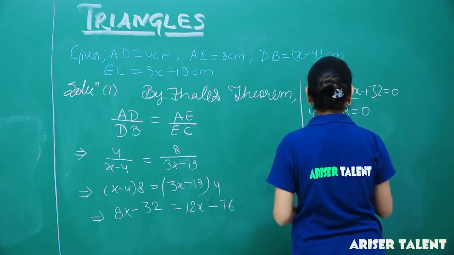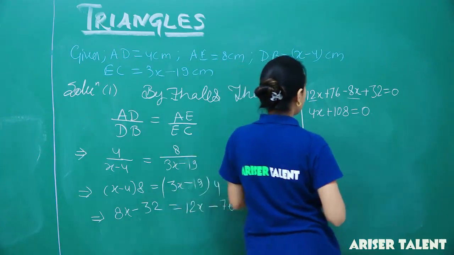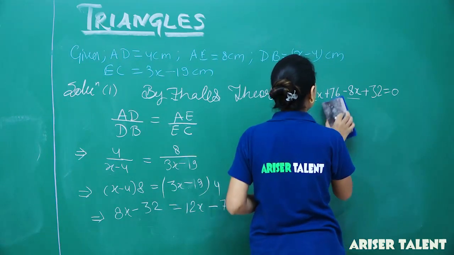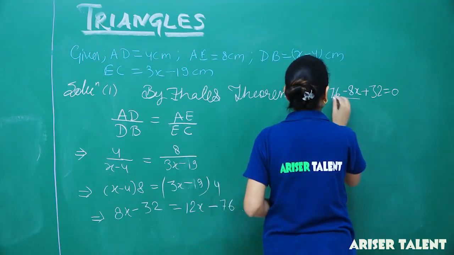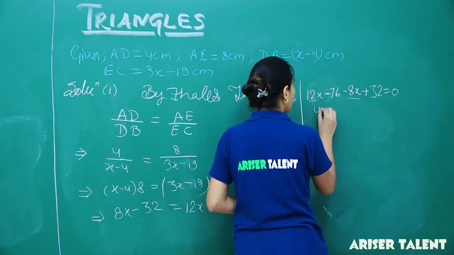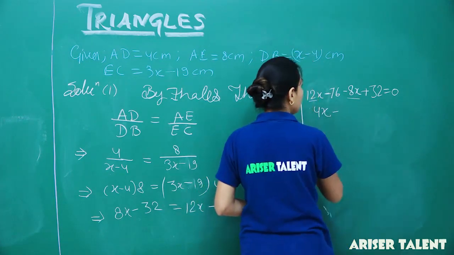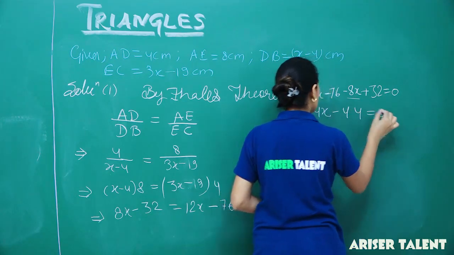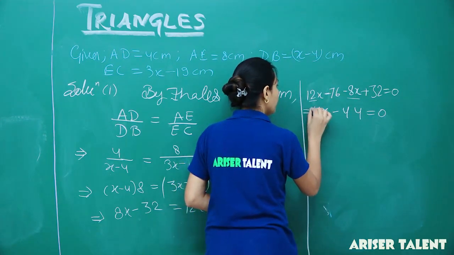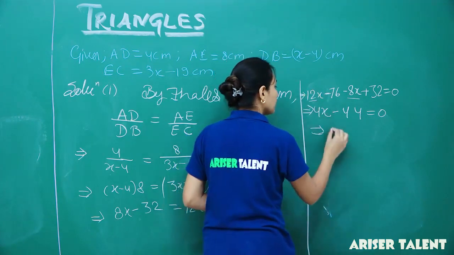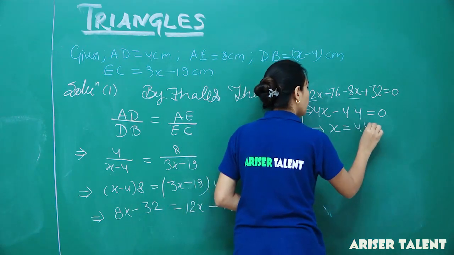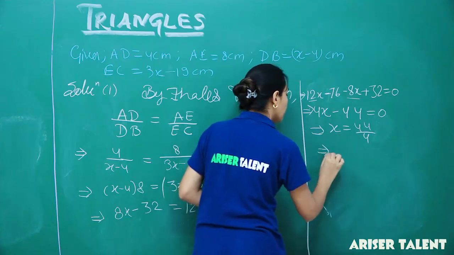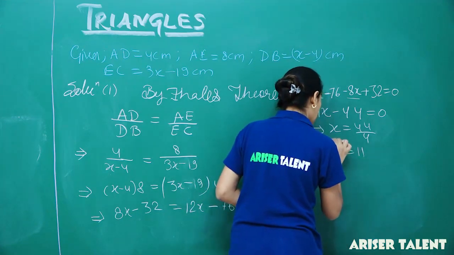So ultimately it will be having minus sign here. So same, 4x minus of 4 and 4 equals to 0. Now it will give you x equals to 44 by 4 and that will give you x equals to 11.